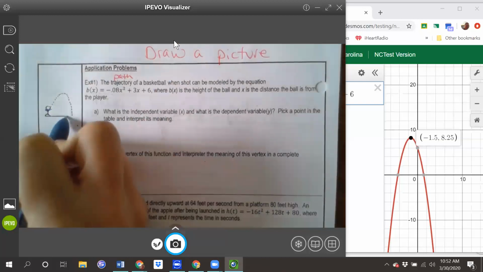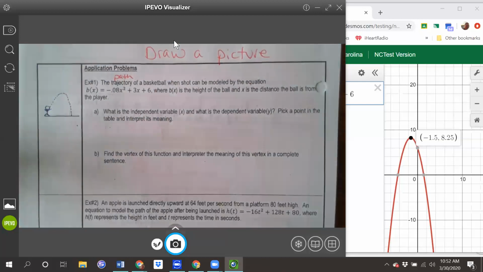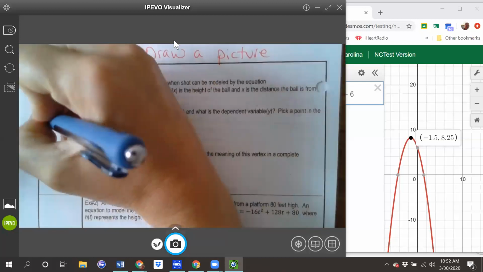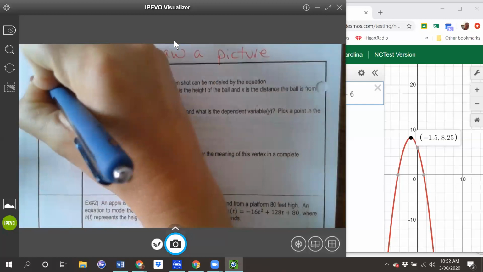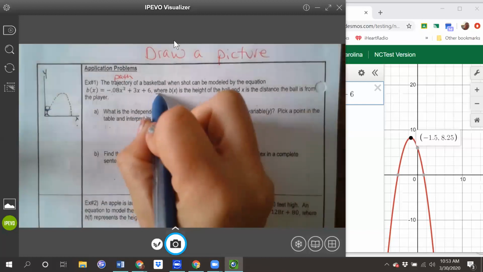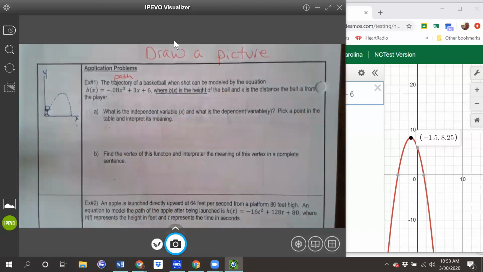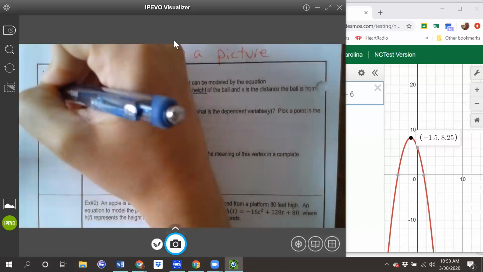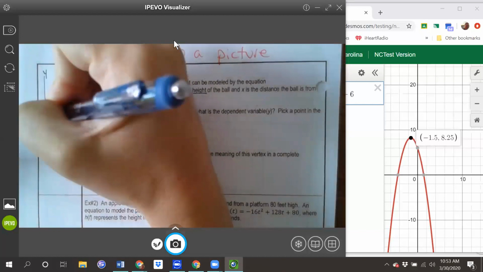So here is my X values. And then here are my Y values. So as I'm looking at my units, I've got B of X is the height of the ball. So the y-axis is height.